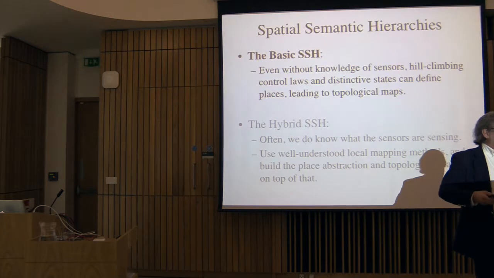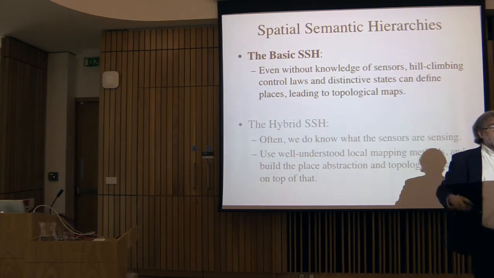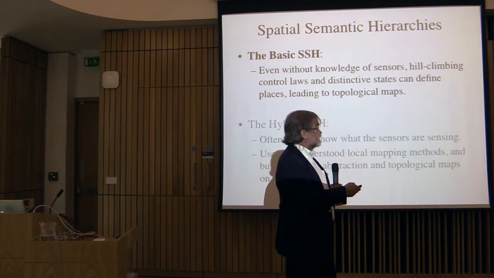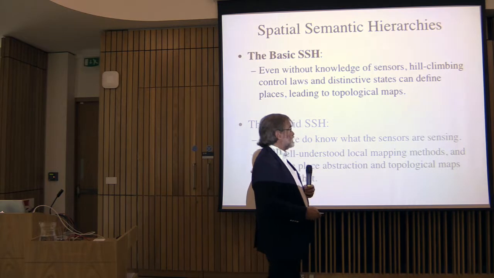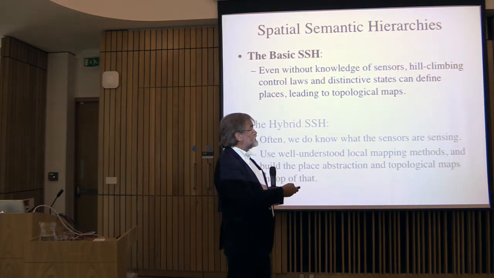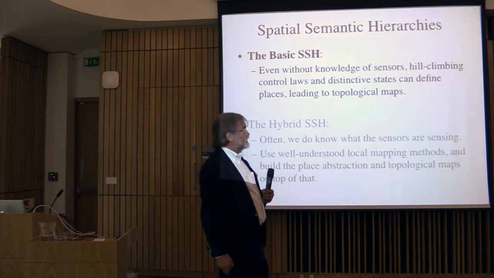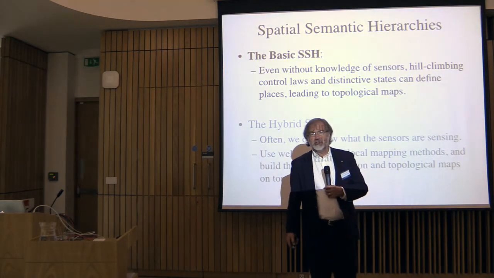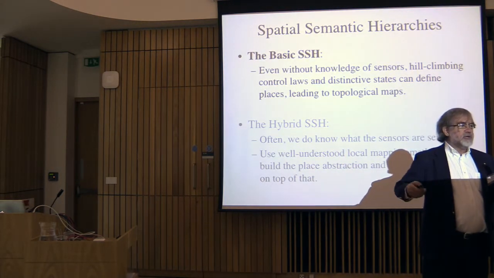Like we could say, I'm in this room, I'm in this building, I'm in this neighborhood, I'm in this city, I'm in this country, I'm on this island of Great Britain, I'm in Europe, and so forth. That's not the kind of hierarchy I'm talking about. I'm talking about a hierarchy, as we'll see, of representations. So I want to focus first on the basic spatial semantic hierarchy, and we'll move on to the hybrid spatial semantic hierarchy. The basic spatial semantic hierarchy started with this notion that perhaps I don't even know what my sensors are sensing or what my actions are doing.